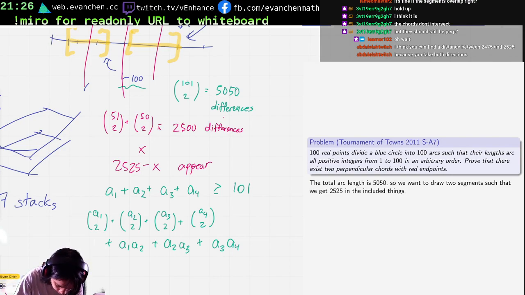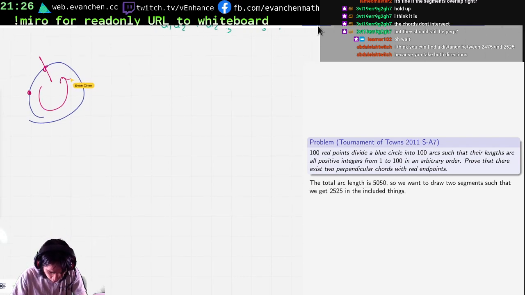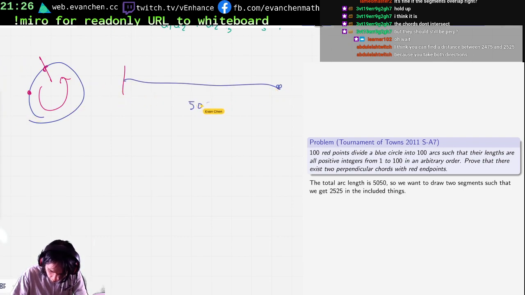So I cut the circle open and then I unwind the resulting thing. When I cut it open and unwind, you get a 50-50 thing that's going up by whatever it is. So there's necessarily something pretty close to the midpoint here, like 2525 is here. You have something that's either a little larger or a little smaller because you're hopping by less than 100, so you land within 50.